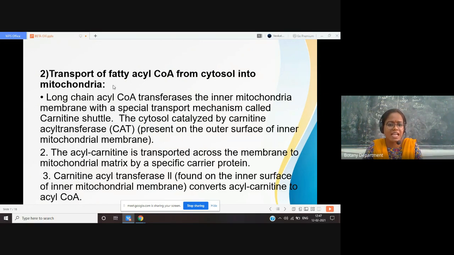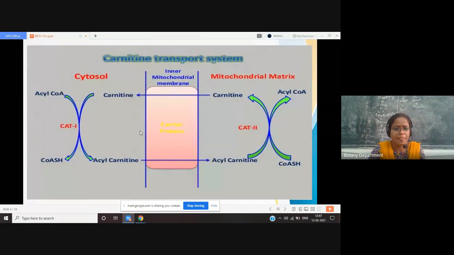Transport of fatty acyl CoA from the cytosol into mitochondria, with a special transport mechanism known as the carnitine shuttle, catalyzed by carnitine acyl transferase. See, acyl CoA enters the carnitine system at the inner mitochondrial membrane with the help of CAT1.